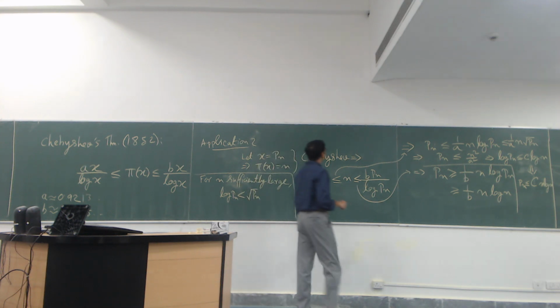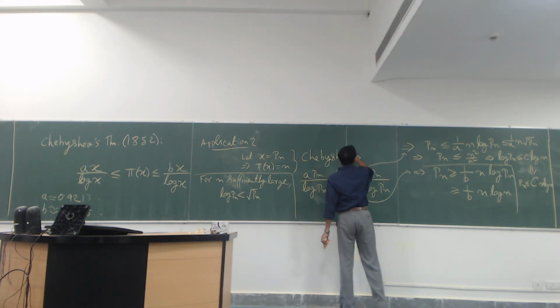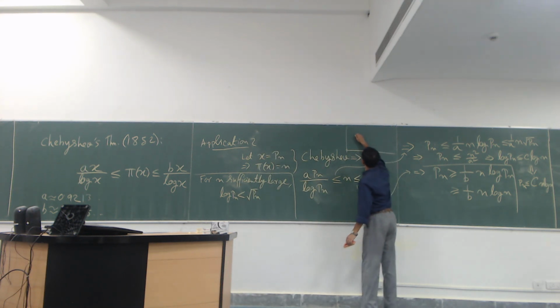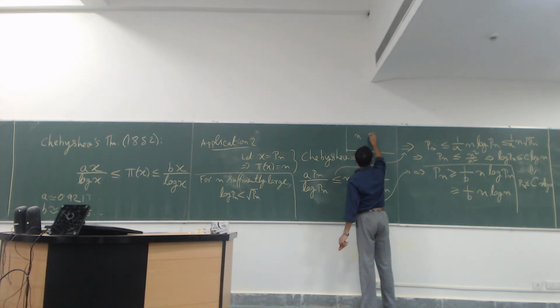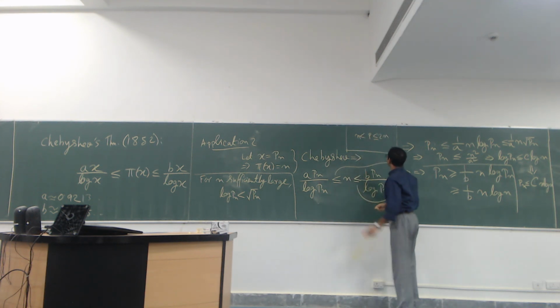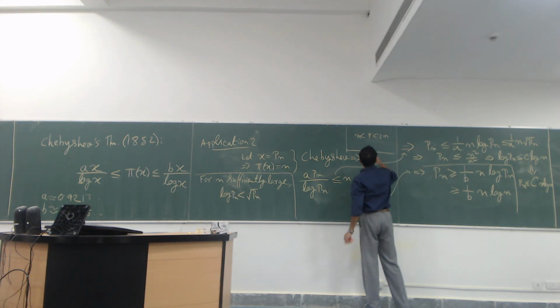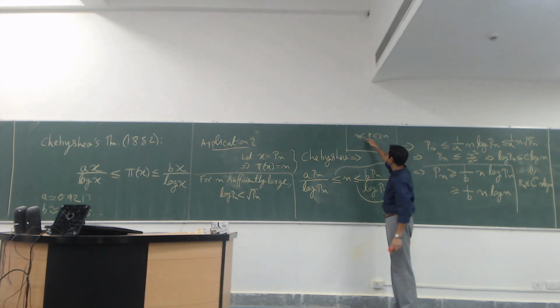So in particular, that means if there is always a prime between n and 2n, 2n cannot be a prime, and this p we can also take to be larger than n.